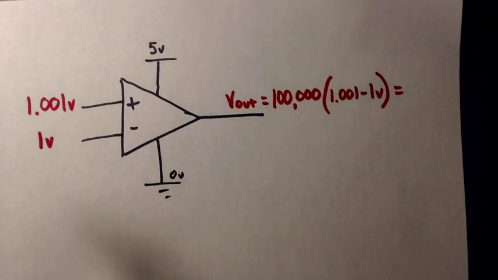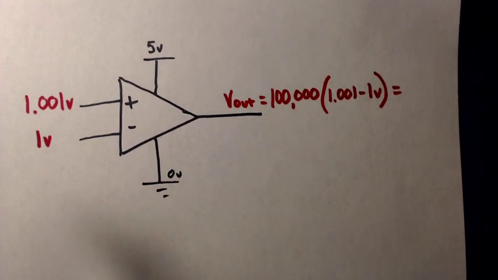That's going to tell us what the output should be, so I'm going to run the math. 1.001 minus 1 gives us 0.001, 1 millivolt.